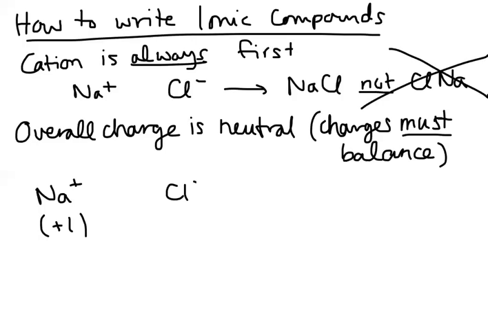Cl minus is -1. So the +1 and the -1 cancel each other out to make a neutral compound, NaCl, which has a 0 charge. Simple enough. However, it's not always a 1-to-1 ratio. And can I move on to the next slide? No, okay, I'll give you a moment. Yeah, take it away.